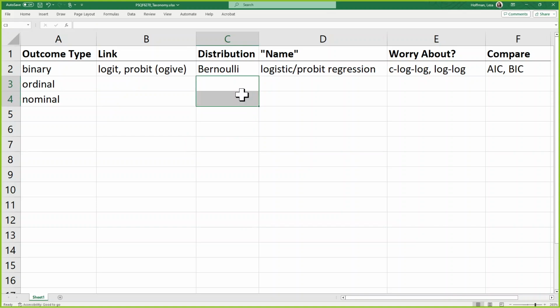What distribution do these two use? Starts with an M. Not someone's name. We'll play hangman.